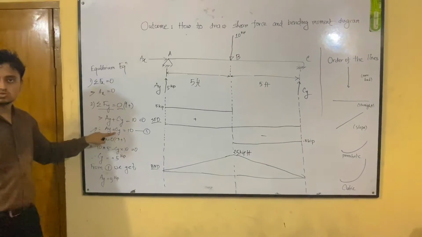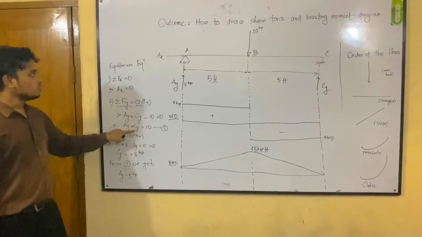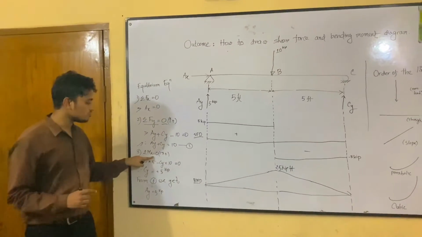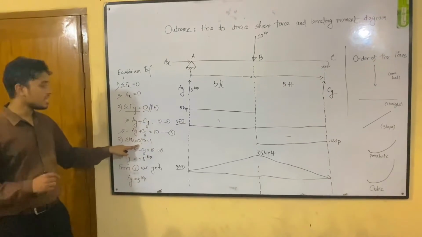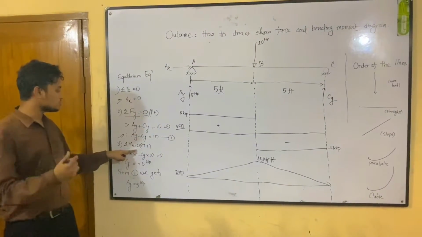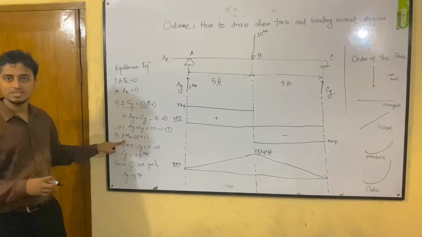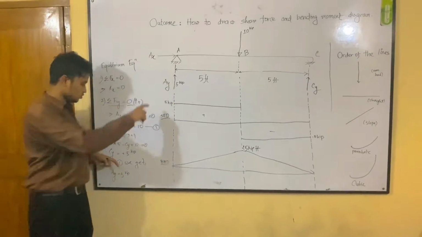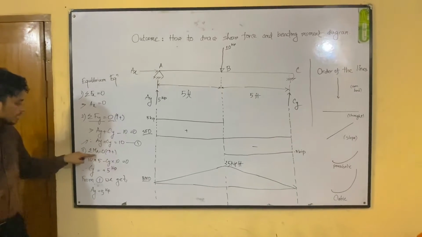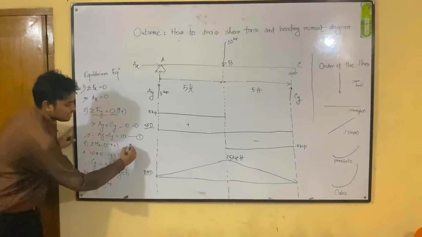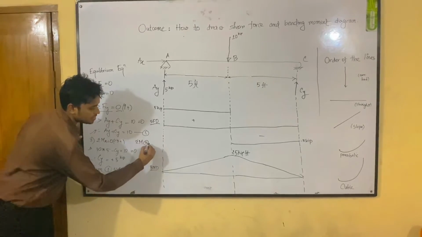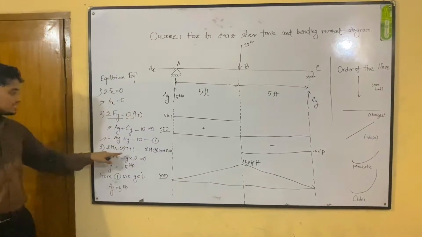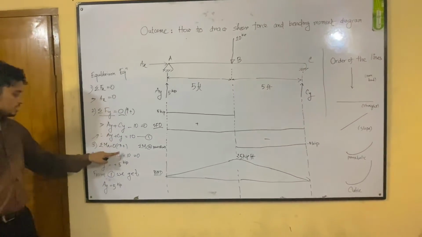To determine these two unknowns, Ay and Cy, we need another equation, which is summation of moment is equal to 0. If we take moment at point A, summation of moment at point A is equal to 0, taking clockwise as positive.